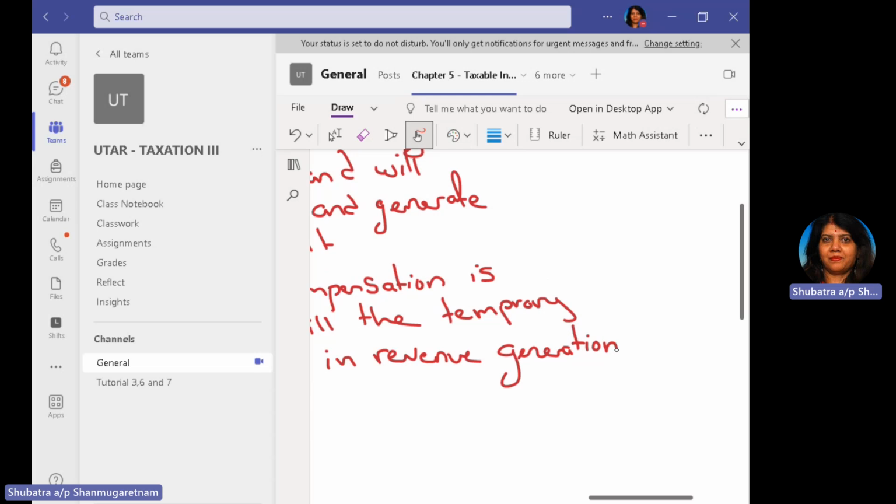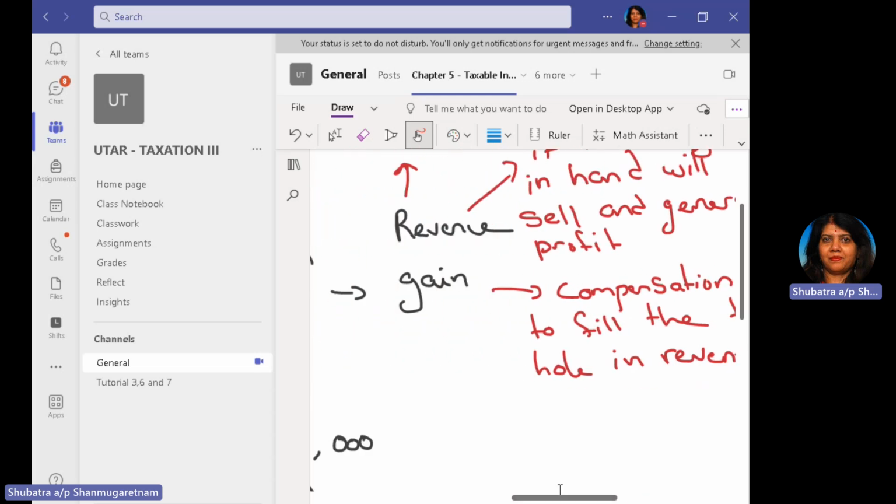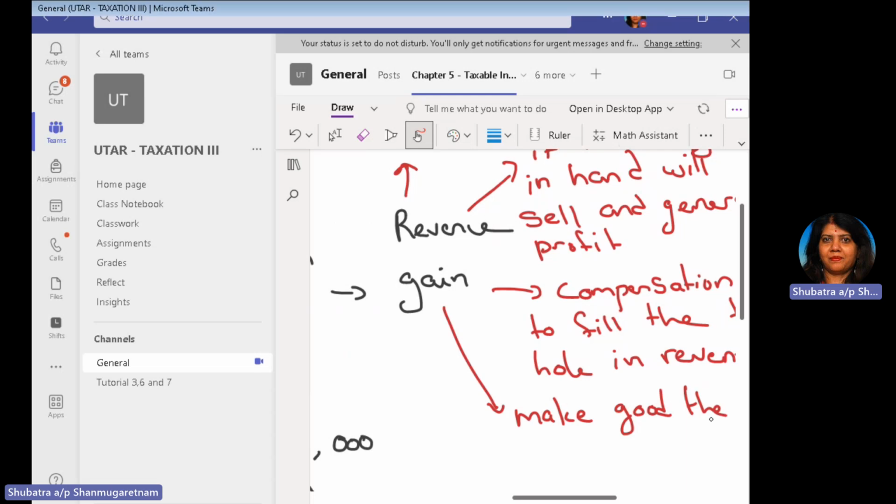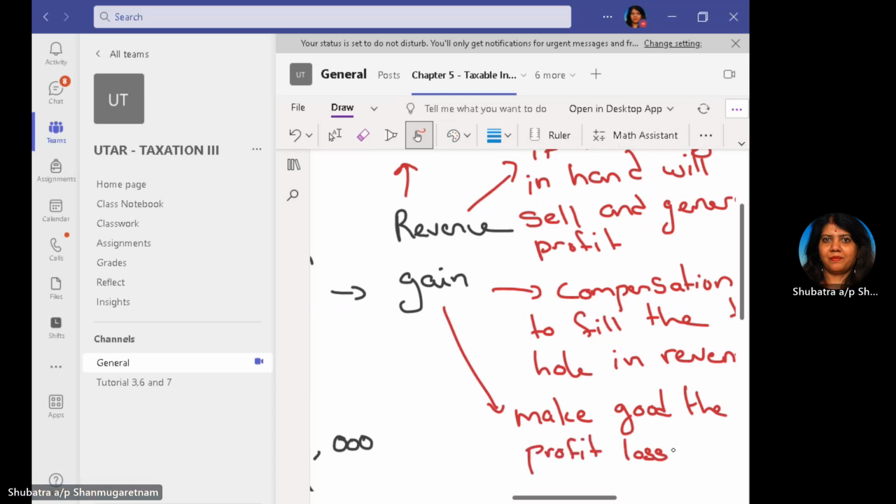There was a hole because your inventory burned down and you couldn't sell that inventory until you got new inventory. So it created a hole in your revenue. This compensation, when it came, filled up the hole. Correct or not? So the compensation was merely to make good the profit loss, just to make good the profit that you have lost.